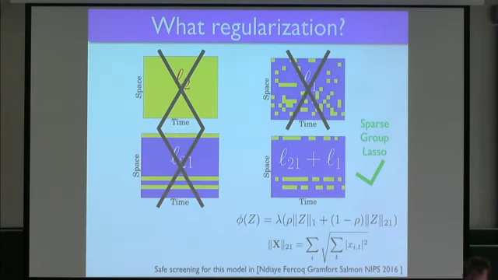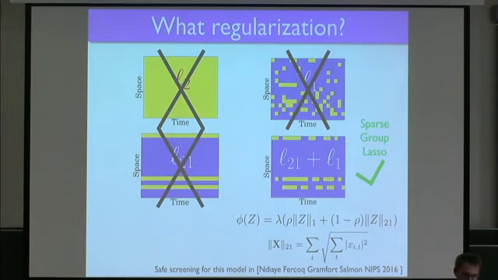Okay, so what types of regularization do I use? Typically, you want to be sparse over space and you want to be sparse over time. So what I'm using is what people call in machine learning a sparse group lasso, which is just a group lasso which allows you to select brain regions and then, for each brain region, be sparse in the time frequency domain.